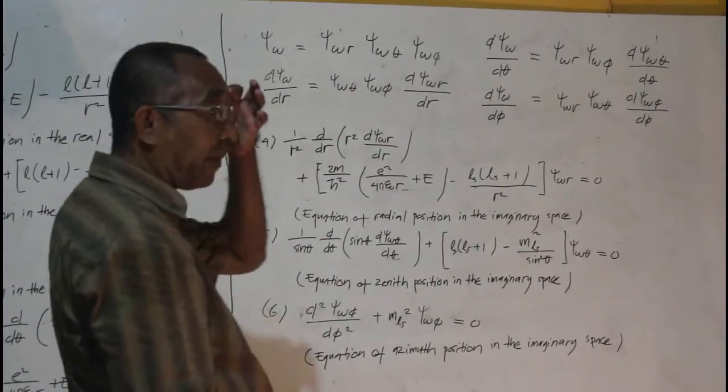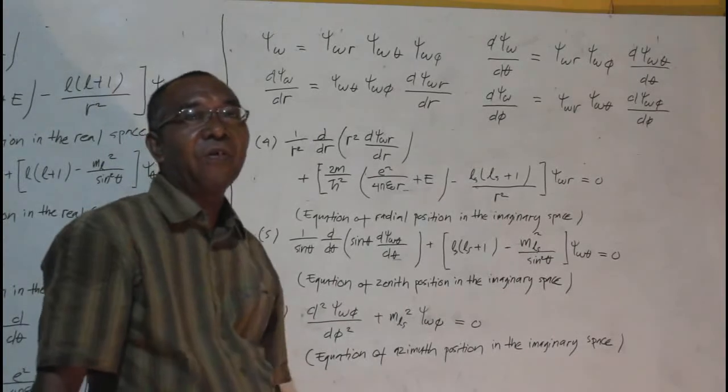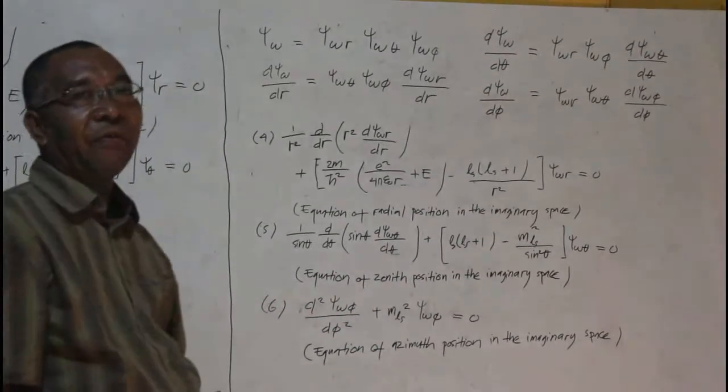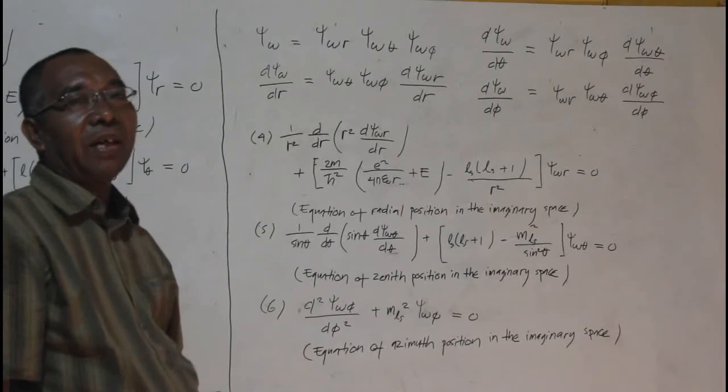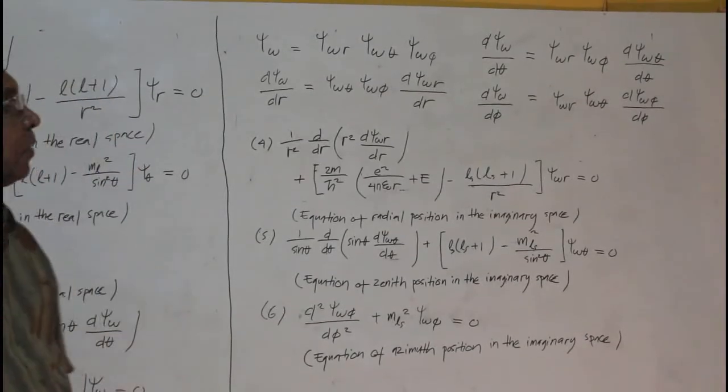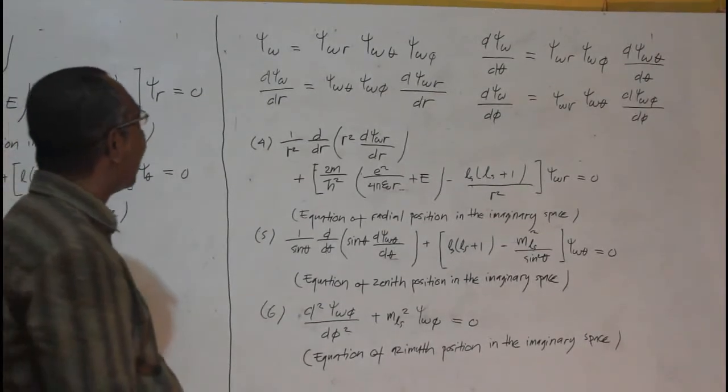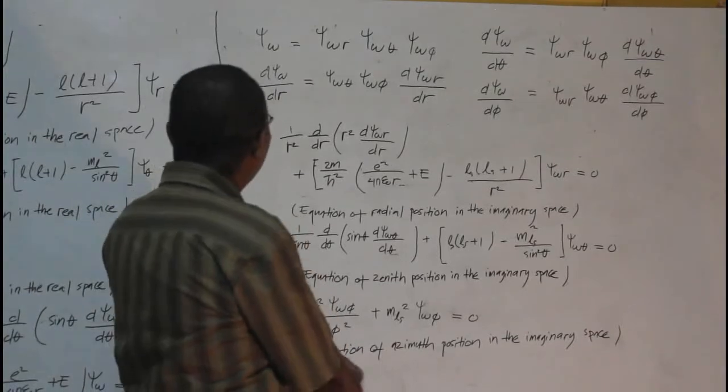So, after the separation of variables of r, theta, and phi in the Schrödinger equation of hydrogen atom applicable in the imaginary space, we obtain three differential equations as follows.